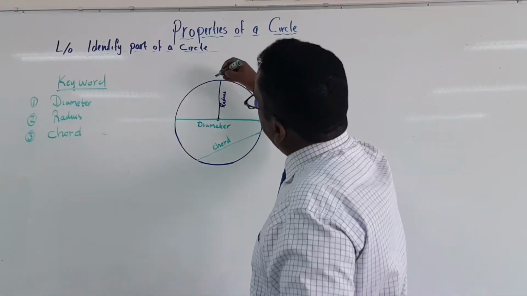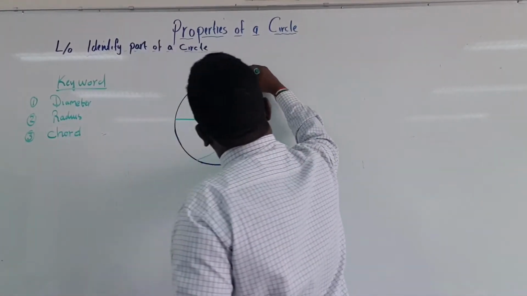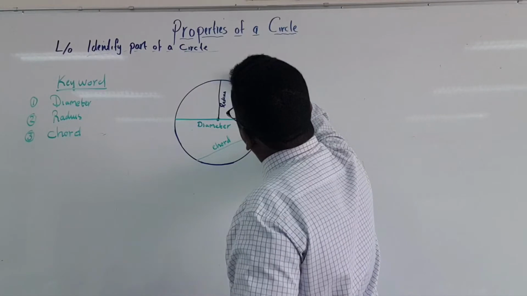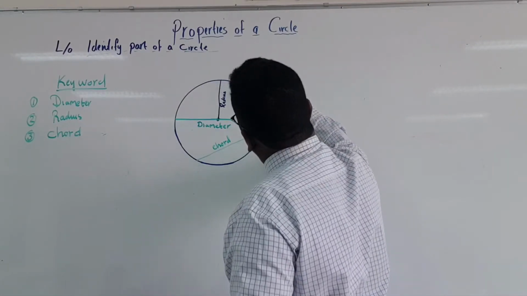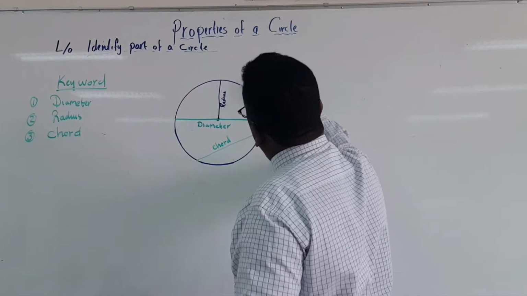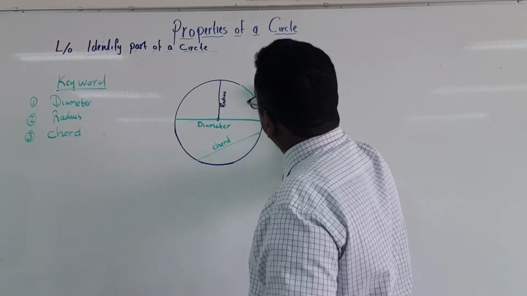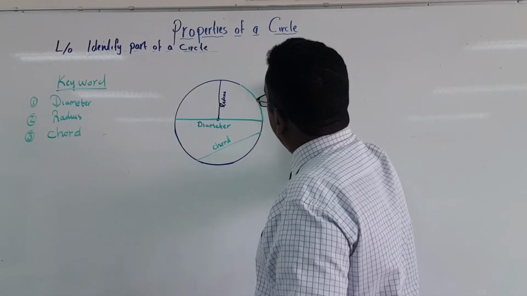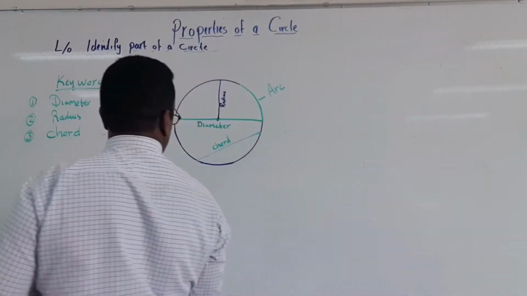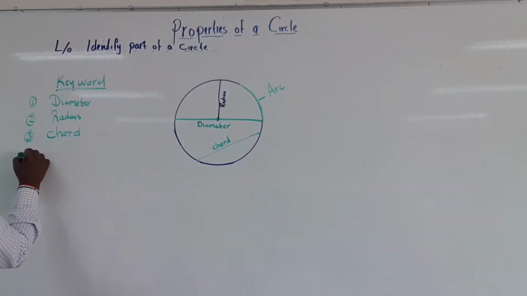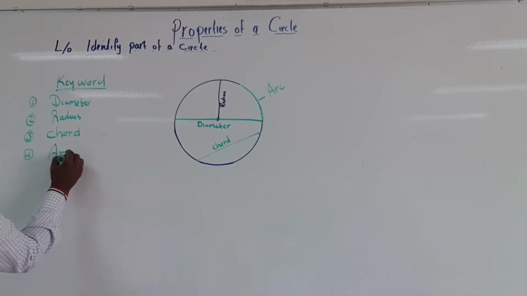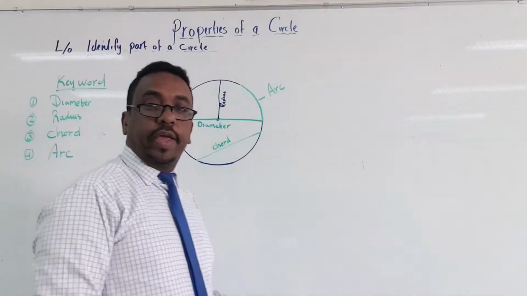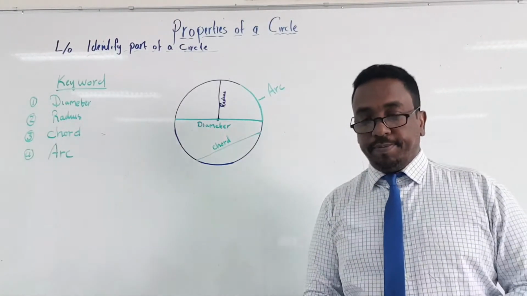So for example, if we choose this line here, between here and here, this line from there to there, we can call that the arc. Okay? This is the arc. So that will be our number 4. So we have the arc.